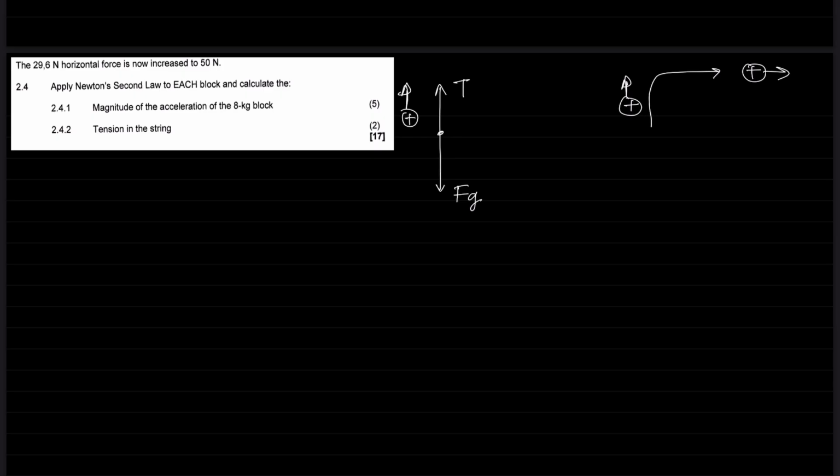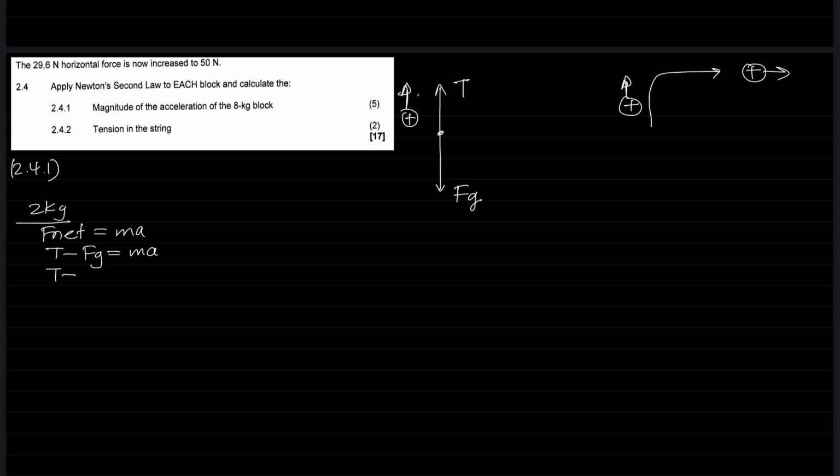Now we can apply Newton's second law to each. For the 2 kilogram block, this is question 2.4.1, we'll say F net equals MA, tension minus Fg is equal to MA. We can now simplify, we know what Fg is.